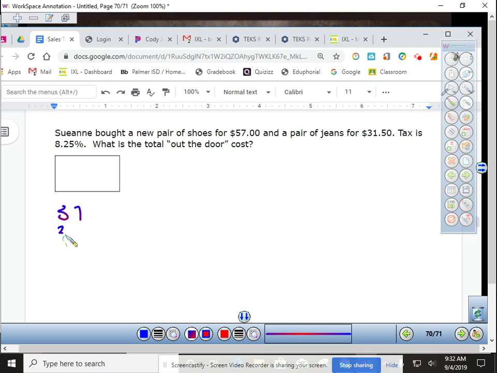57 plus 31.50. Do I have to line up the decimals? Yes. This is 5, 8, and 8. So we're spending $88.50 on our shoes and jeans. Next step, what Jacob told us to do? Make a proportion.